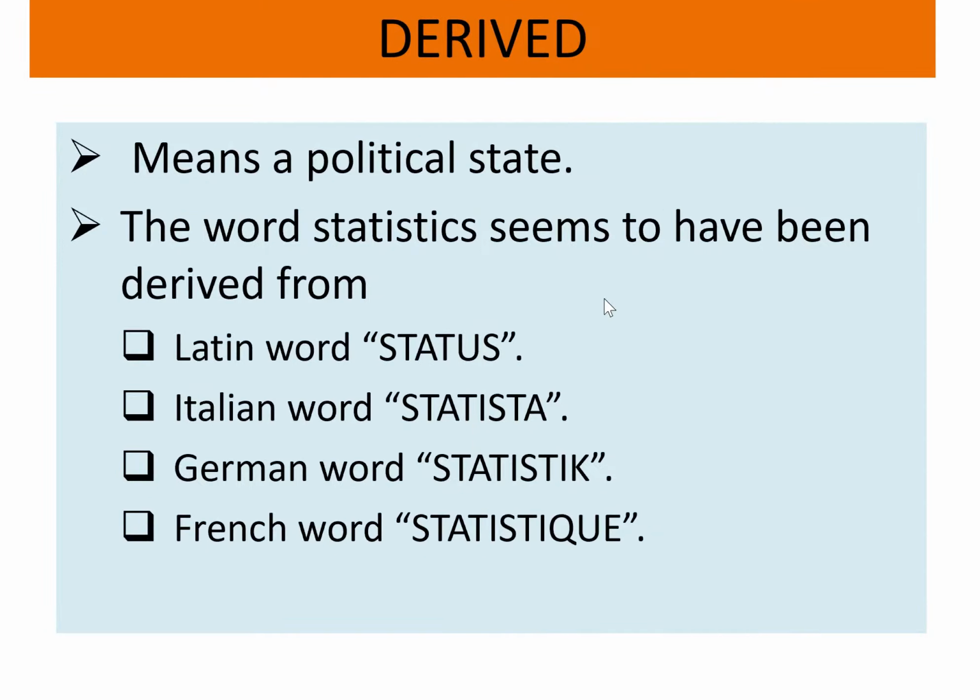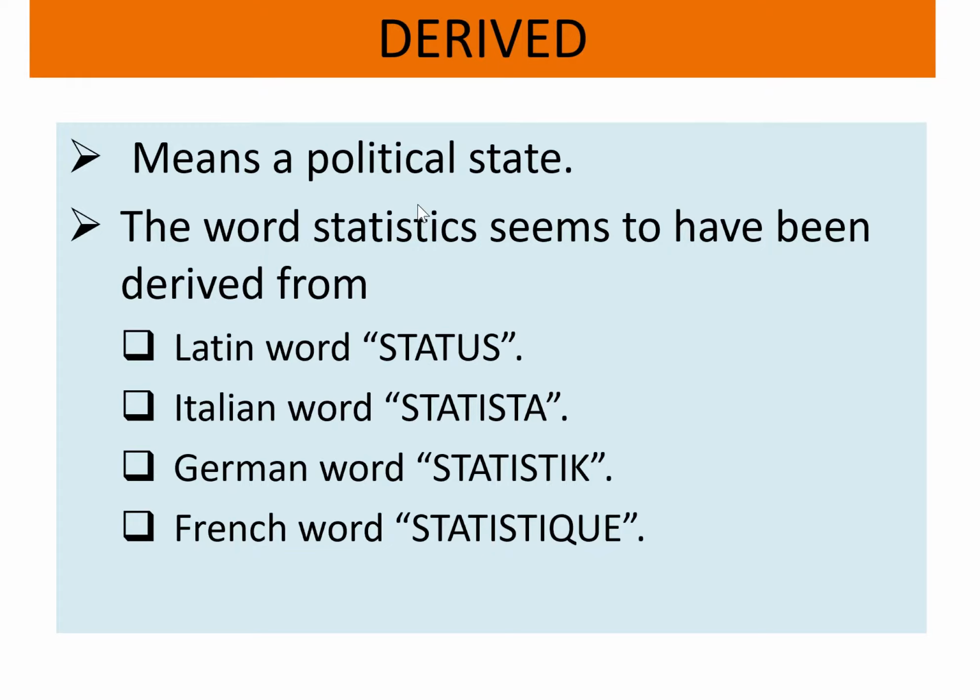Previously, in historical times, statistics was limited to a political state, meaning statistics meant only political state. Why? Because in ancient times the scope of statistics was primarily limited to the collection of data on the population or wealth of the country by the government for framing military and economic policies.